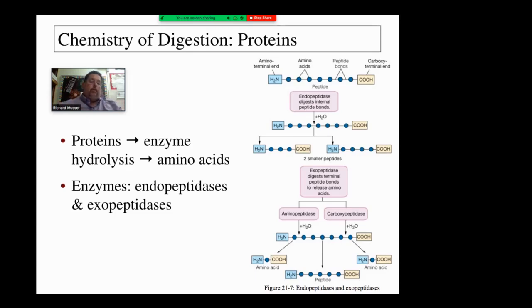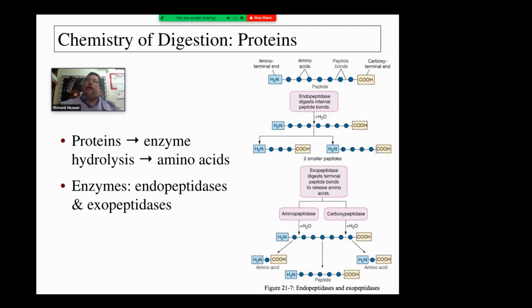They'll be broken down using water. And so the water will be used to break down a longer chain of amino acids, or peptide, into smaller polypeptides. And then exopeptidases will work on the external end.